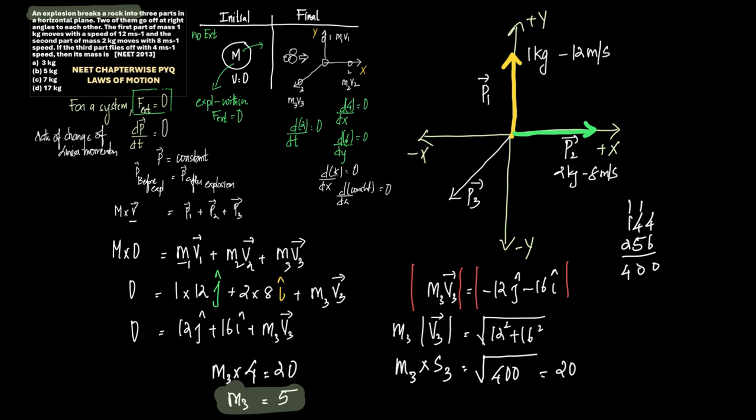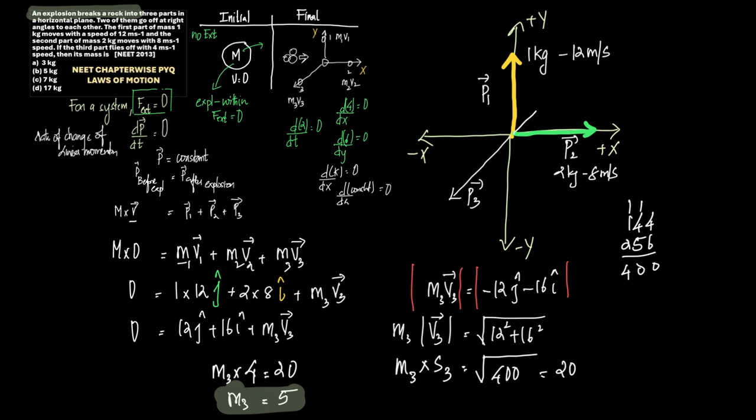And you can also confirm one thing from here, that the vector v3 has both minus j and minus i, which means it should be in the third quadrant. So this assumption is actually correct. We can also figure out one more thing here.